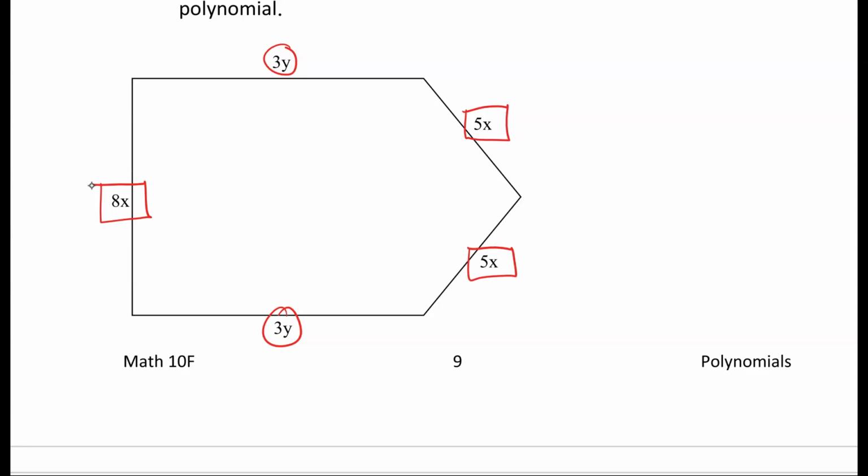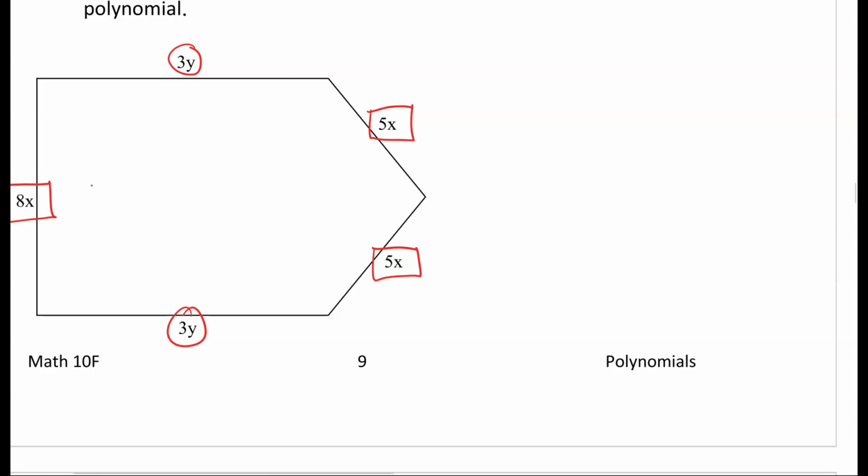Remember, standard form wants me to write this alphabetically in order, meaning I have my x first. So I'm going to have 8x plus 5x plus 5x, then plus 3y plus 3y.